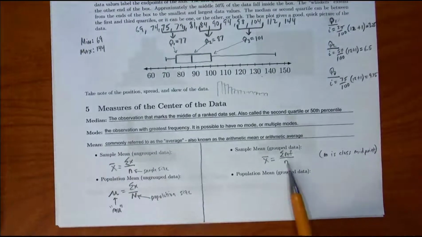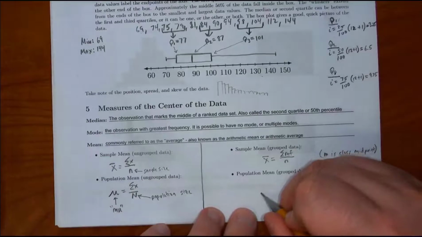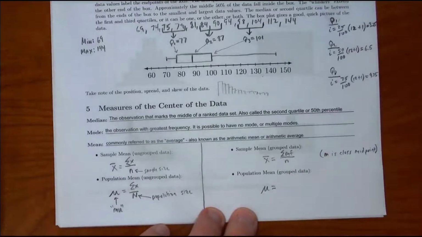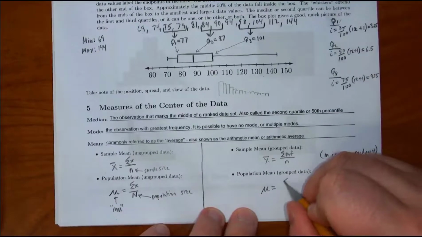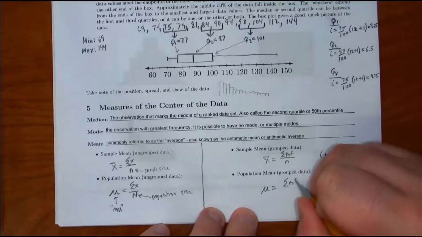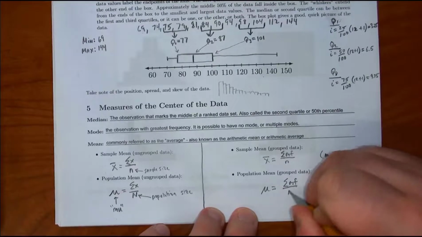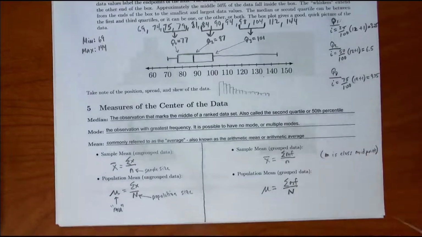So, again, that's why we did practice in Chapter 1 about summing when you have the product of two numbers. So here this says multiply all your m times f's, then add them all, then divide by lowercase n. For population, again, mu is the symbol, and it's the sum of the m times f's, same numerator, divided by population size.